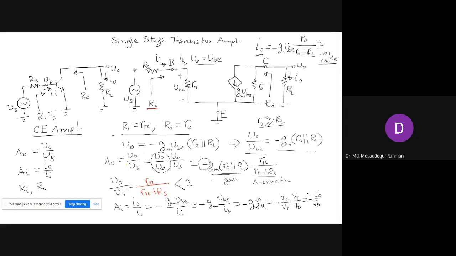And what is IC by IB? It is beta. So we have minus beta. So that is the current gain for this common emitter amplifier. So GM R pi is nothing but beta, right?